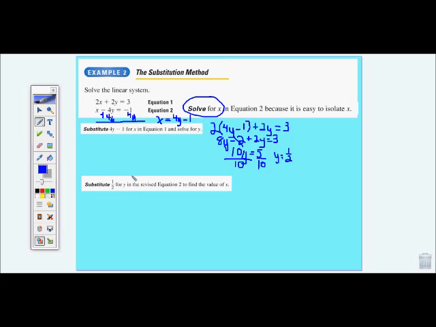Over here, now we're to our next substitution. Now we have a y value, so we can now substitute y in equation number 2 to find the value of x. So we do not have a value yet for x. Looking at equation 2, I'm going to leave x like that, minus 4.